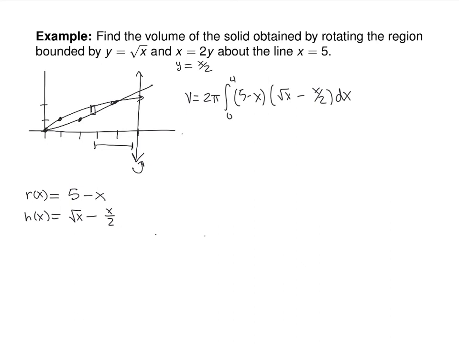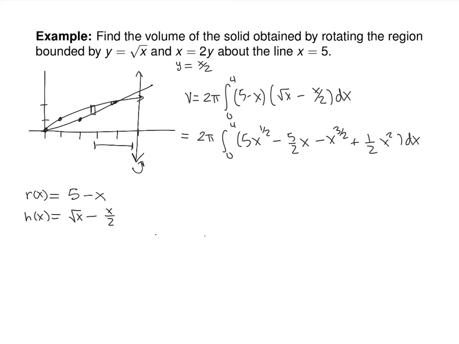Okay, now expand and go. 2 pi integral 0 to 4, so you have 5x to the 1/2 minus 5 over 2x minus x to the 3/2 plus 1/2 x squared.